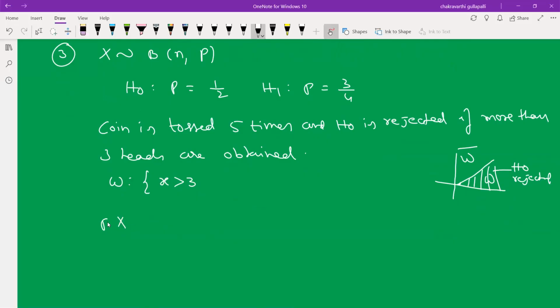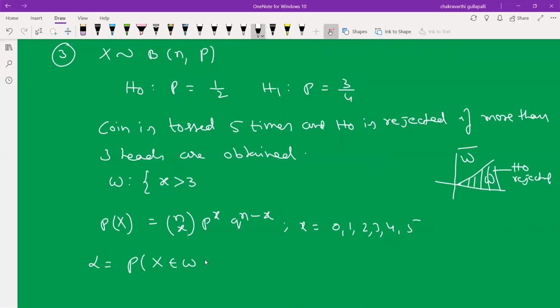So, probability mass function of binomial distribution, NCX, P power X, Q power N minus X. Here, X is equal to 0, 1, 2, 3, 4, 5. N value 5. Now, alpha, probability of X belongs to W under H naught.